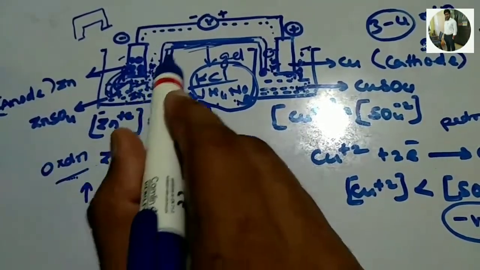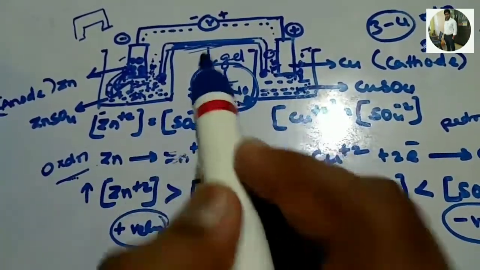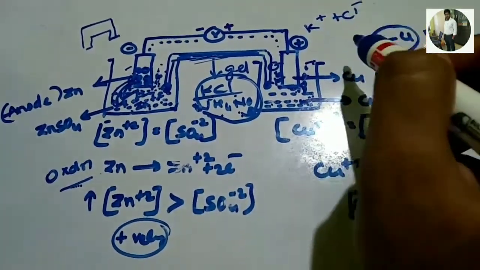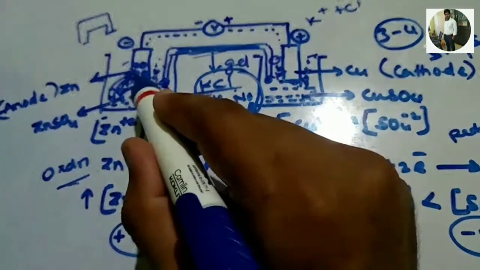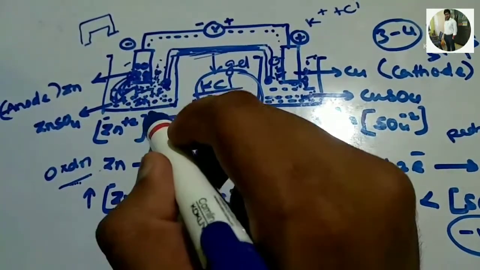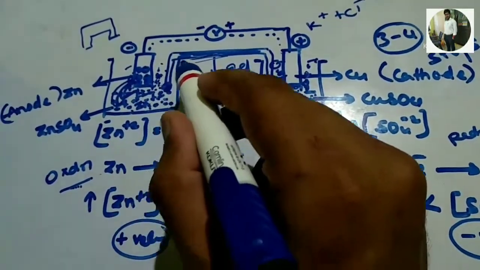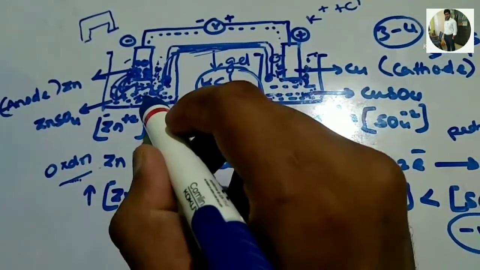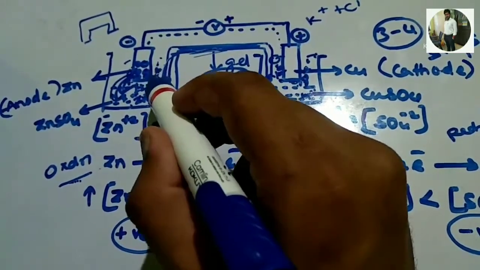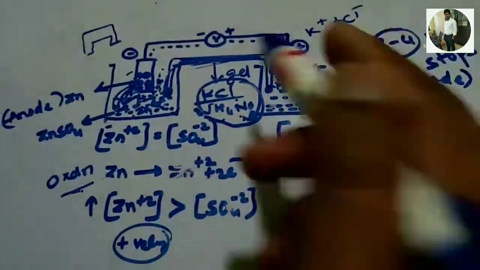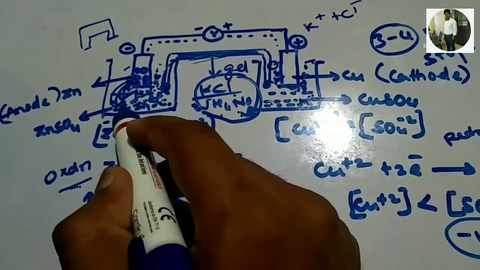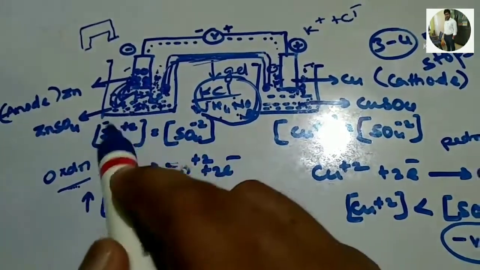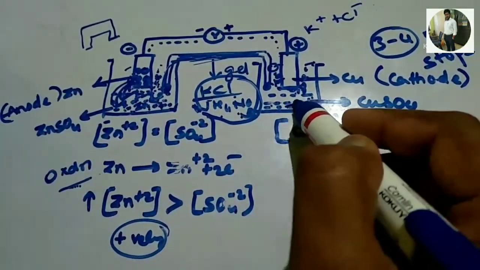So if we consider KCl, it will dissociate into K+ and Cl- ions. Zn plus 2 is positive in charge, so what charge do we require when it dissociates? The Cl- ion will come here and get attracted to the Zn plus 2, and those Zn plus 2 ions will come into the solution and the solution will become electrically neutral. Here it is a negatively charged electrolyte.